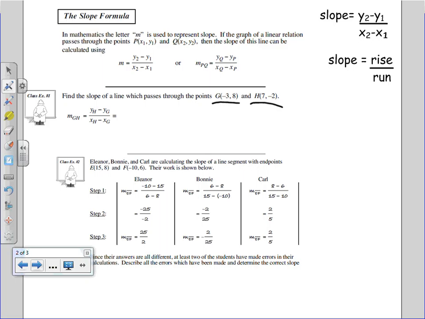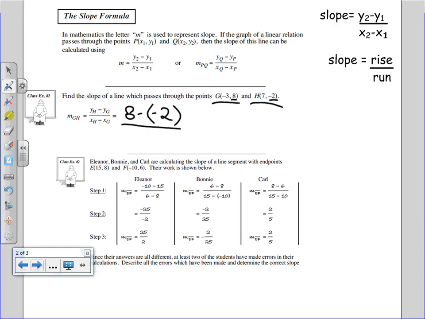How do we figure out the rise? How do you think we figure out the rise? Joe, give us a shot. The y, and then the other one. Yep, it's the y, 8 minus 2. 8 minus, it's a negative 2, right?